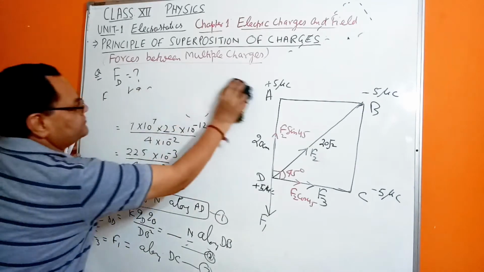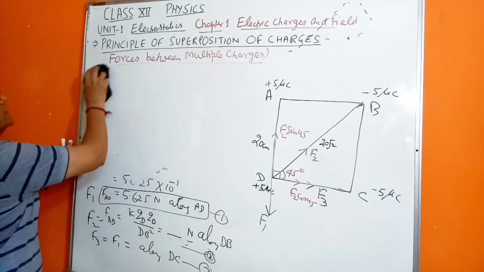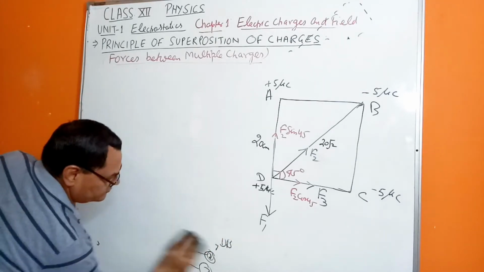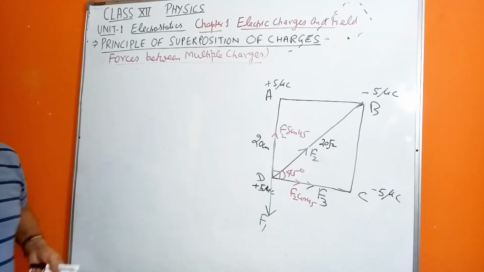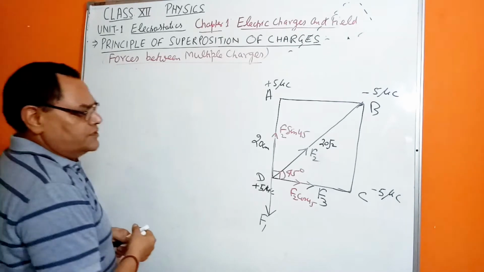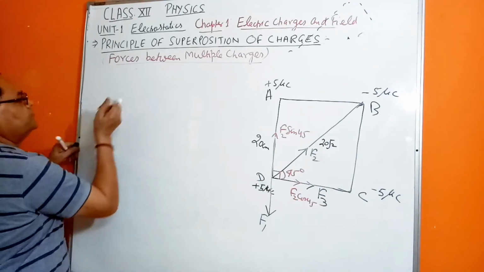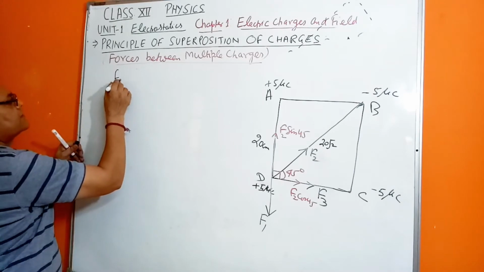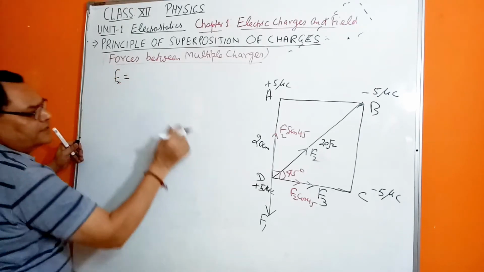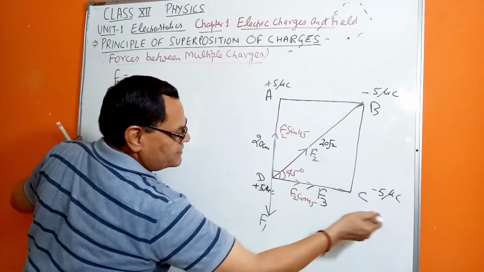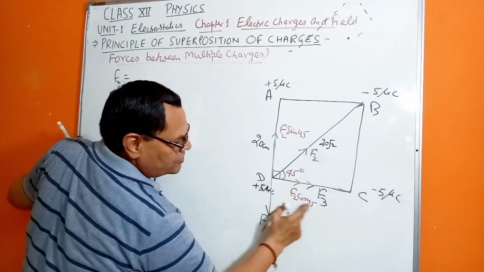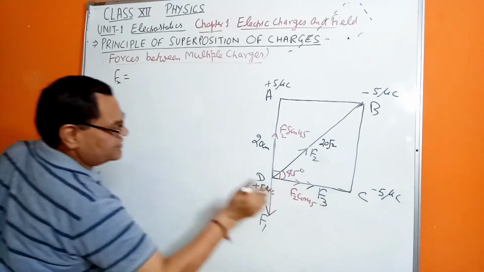How to proceed? See, this is fine. So we can say the total force, that is Fx. Please consider this Fx, that is the total force along the x-axis. This will be the summation of the two, because both of them are pointing in the same direction.